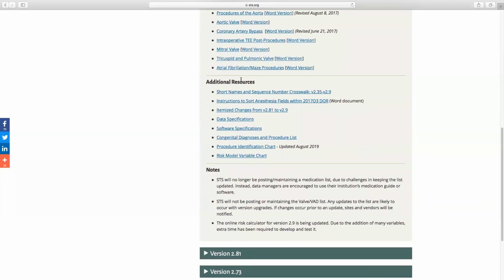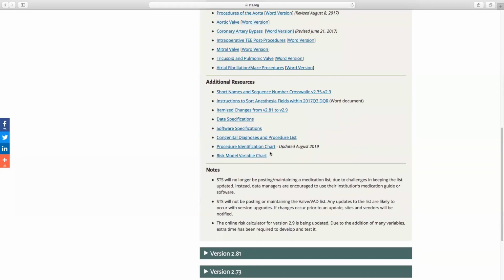So here are your additional resources. We have the changes across time, and we have itemized changes from the previous version to the most current version, the data specifications, the software specifications, and then further down here we have the ProcID and identification chart and the risk model variable chart.